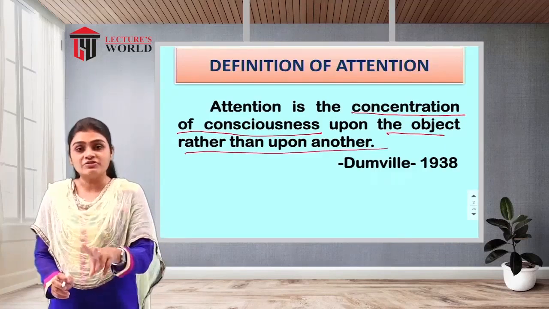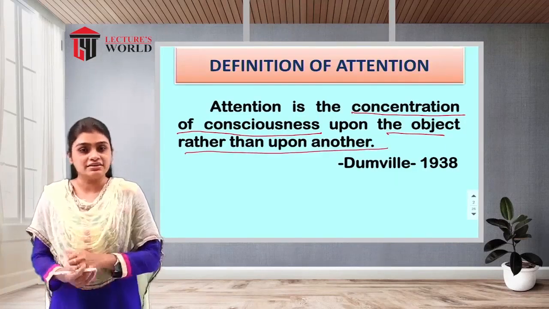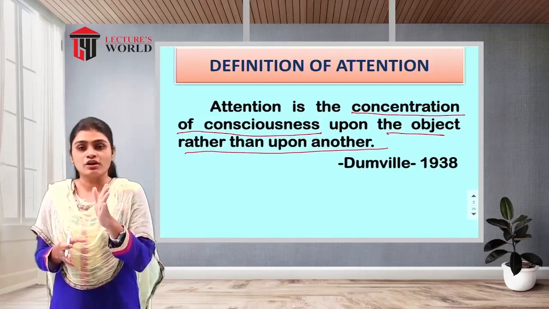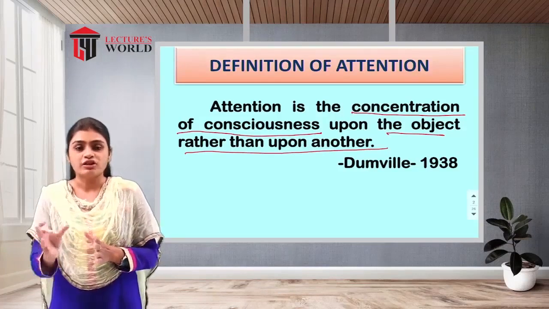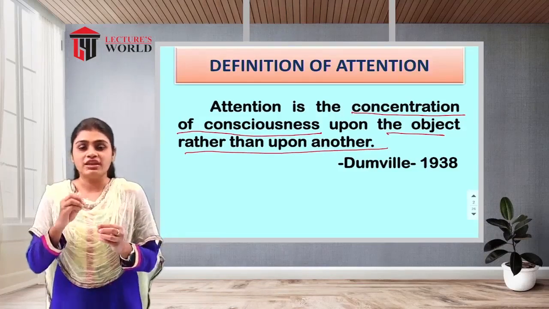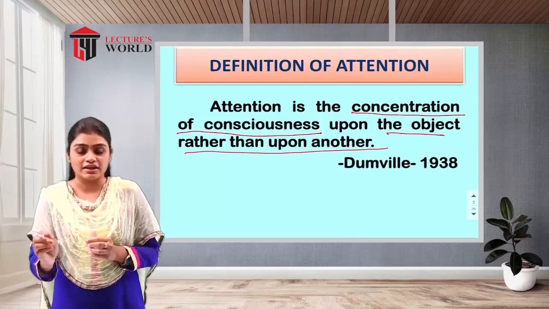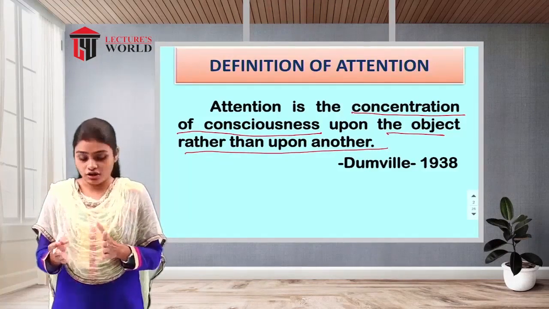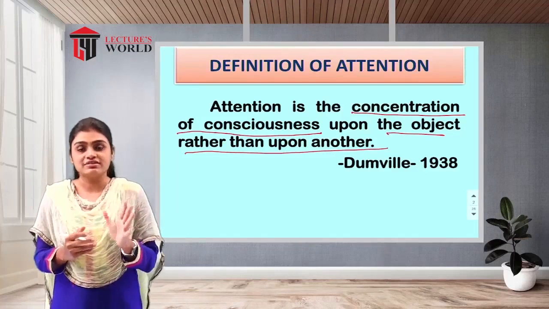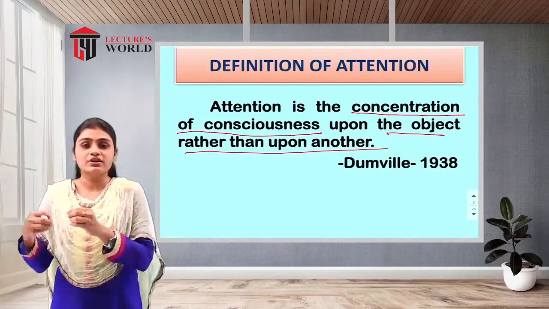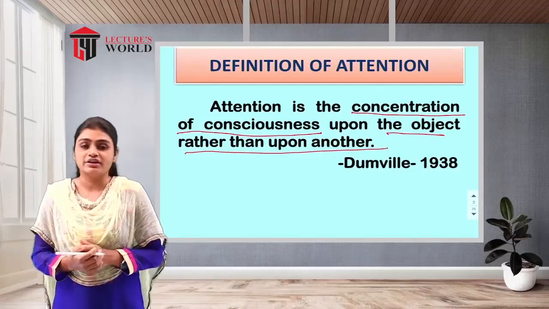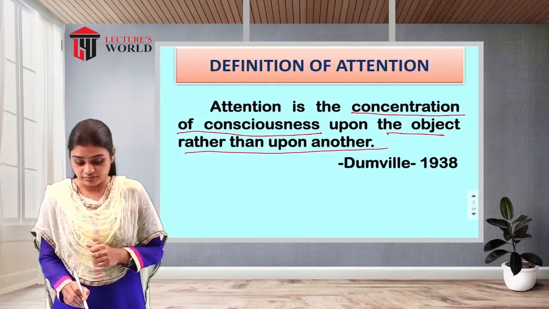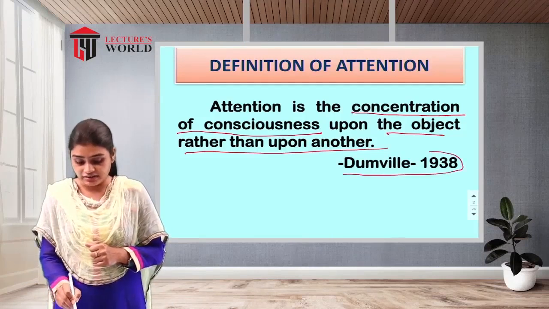Two or more objects might be there in the external environment, but right now the individual is going to focus on only one object at a time. All the concentration will be on that one single object at a time. So attention is your concentration of consciousness upon one object excluding the other object. This definition of attention was given by Dumville in 1938.